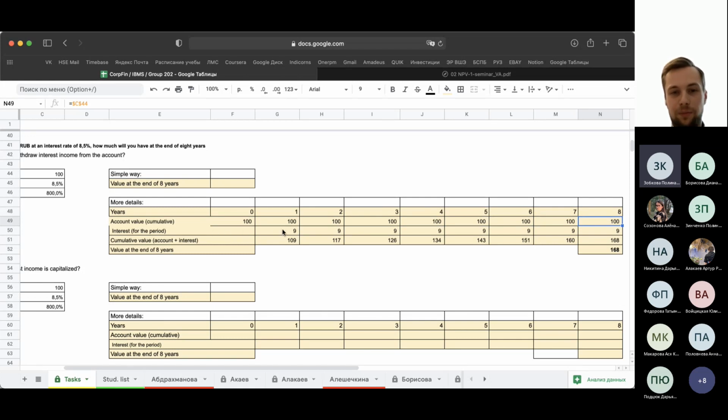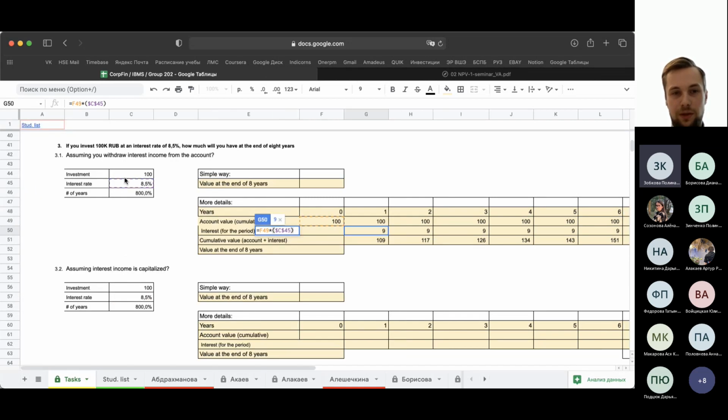At the end of every period, we have some interest. So it's actually 8.5. So for the year, we earn 8.5 in interest payments, and we withdraw this interest and put it somewhere, not in the bank, let's say we store it at home.